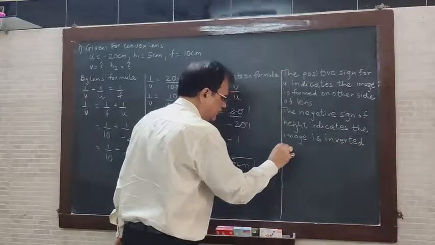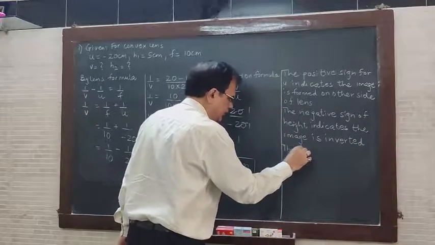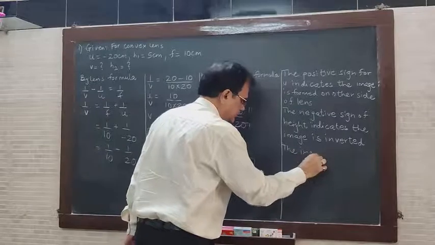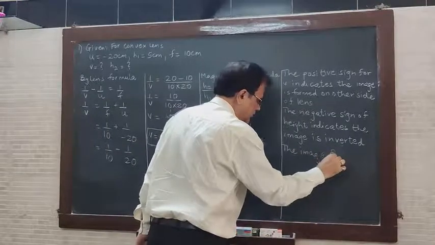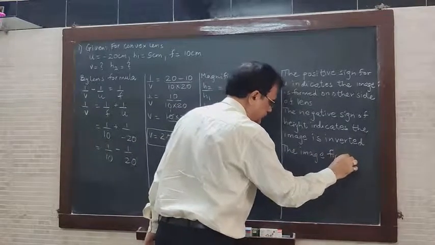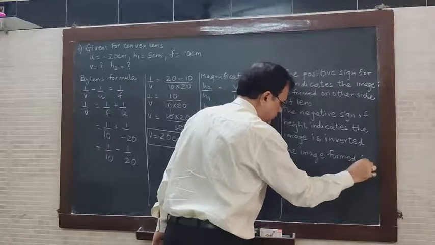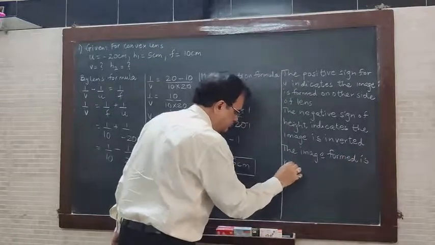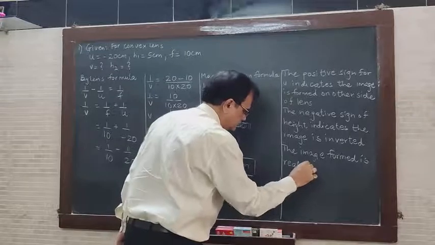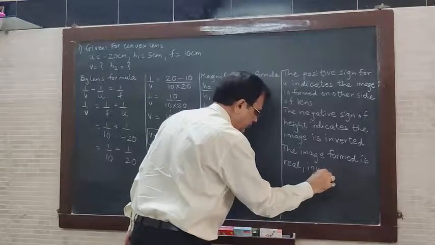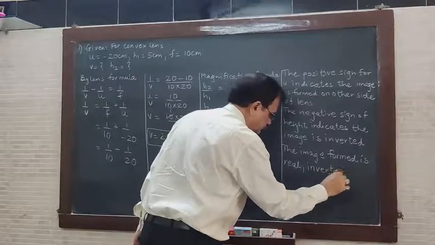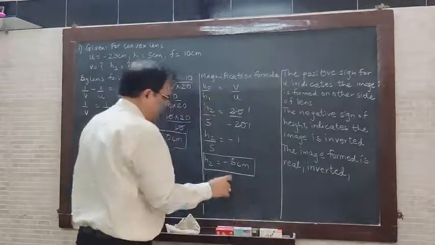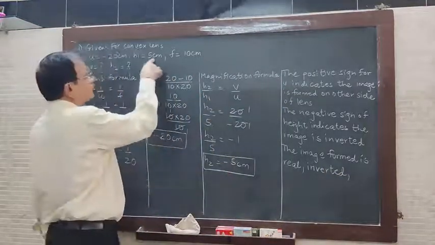Okay, so the nature of the image is: the image formed is real, inverted. Okay, and this is -5 and this is also 5.